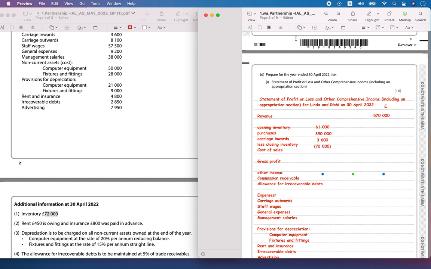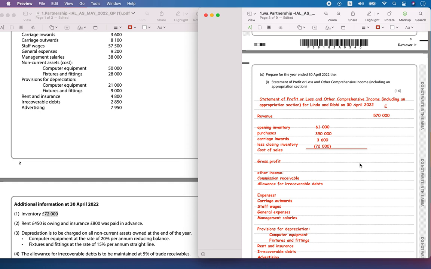So let's find the cost of sales. 61,000 plus 390,000 plus 3,600 minus 72,000.